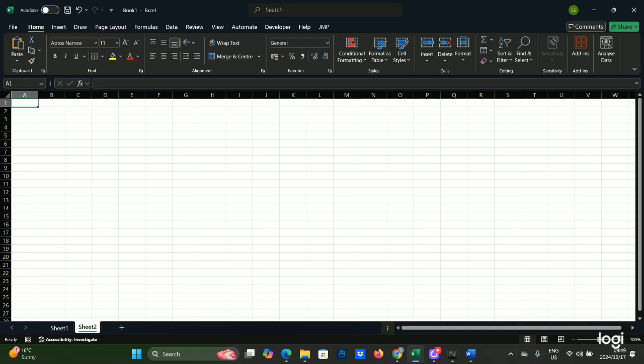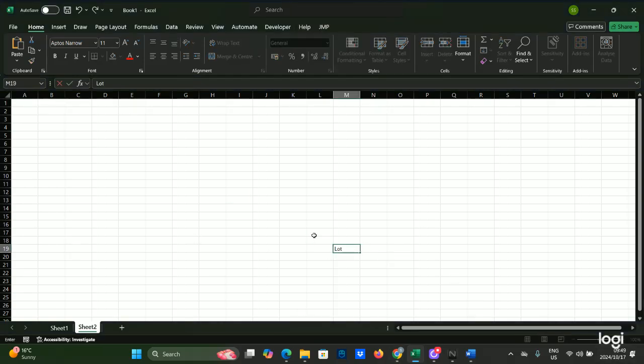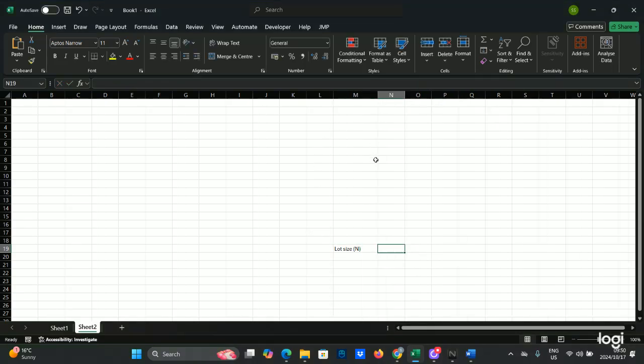So let's just write these values. Let's say our lot size, the number of products that are coming in, which is our big N, is 9,000.